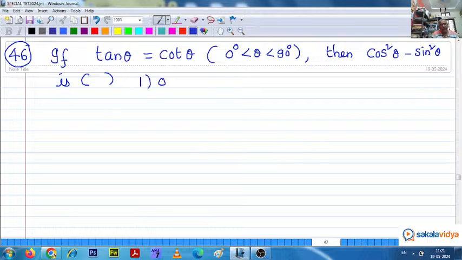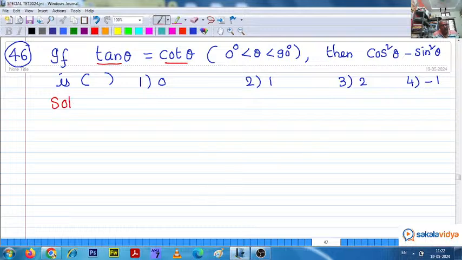So the first option is 0, second option is 1, third option is 2, fourth option is minus 1. Simply change sin and cos, cross multiply, you will get the answer. See, my dear students, what is given? Tan theta is equal to cot theta is given.